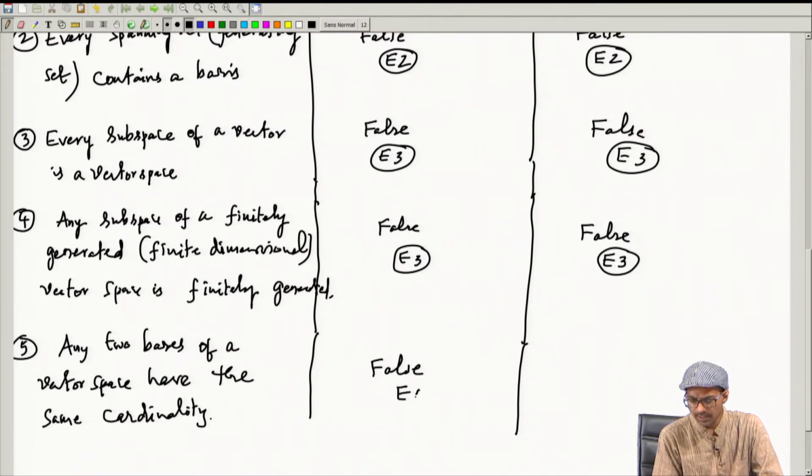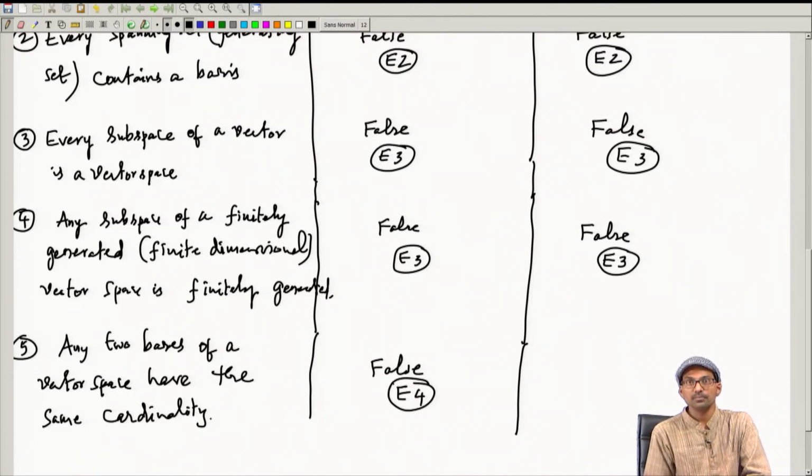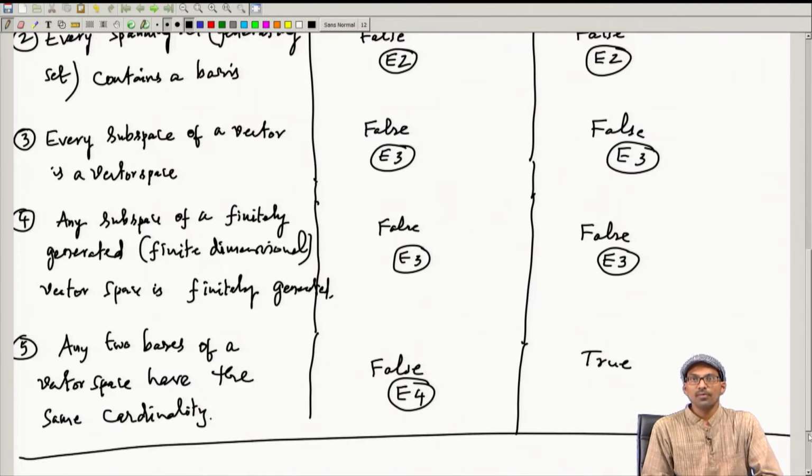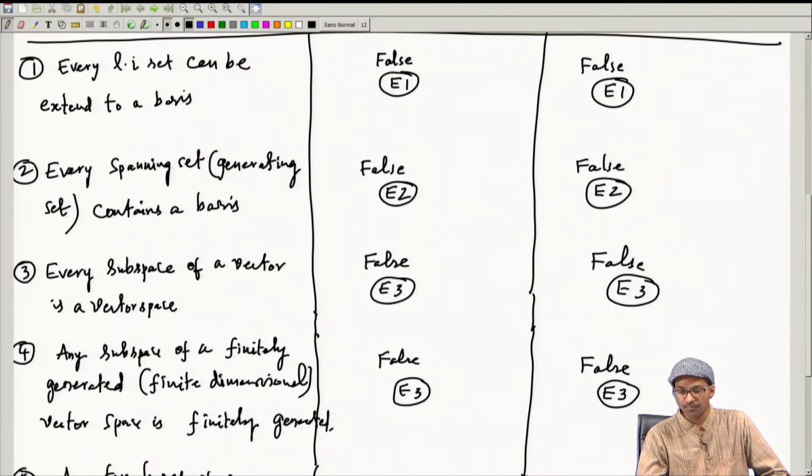We will see an example E4. Surprisingly, this is true in the case of free modules over commutative rings, and I will give the proof in this case. Now let me give the examples E1, E2, E3 and E4.